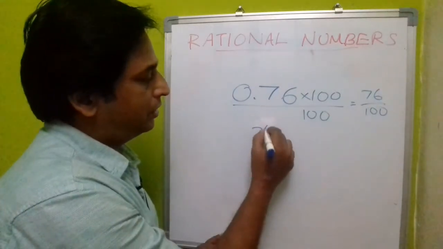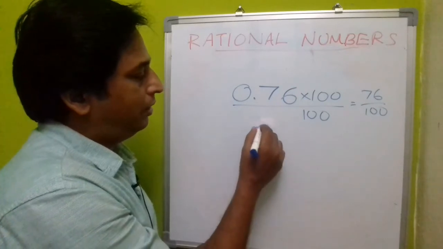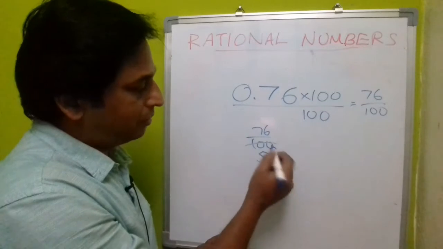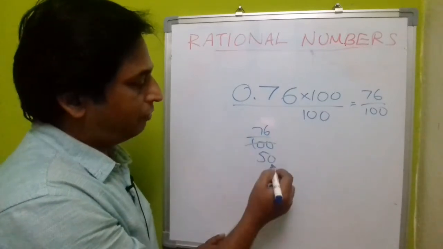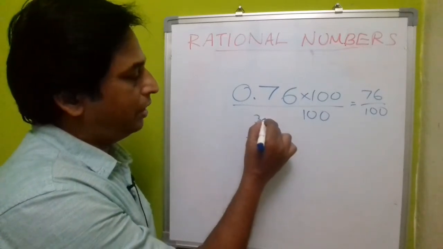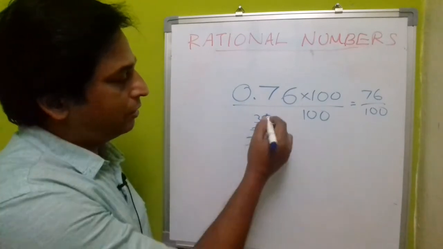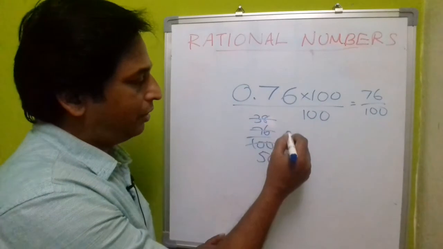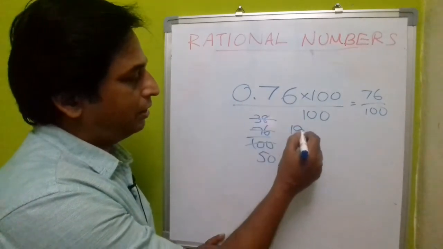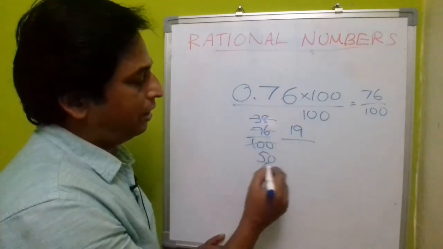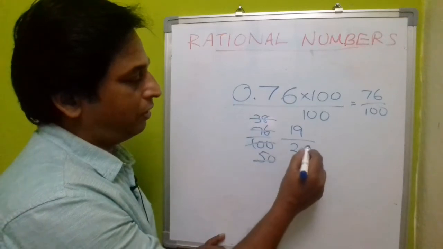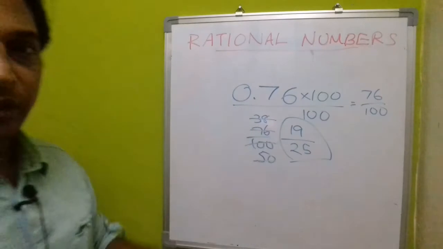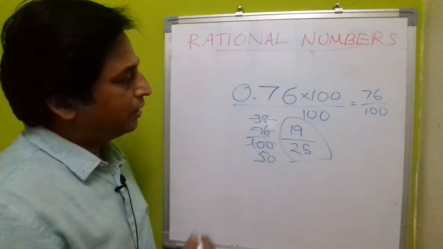If you divide both numbers by 2, this will become 38 and this will become 50. Both are still even numbers, so you can still reduce it. 38 by 2 is 19 and 50 by 2 is 25. Now there are no common factors between 19 and 25, so they are co-prime.